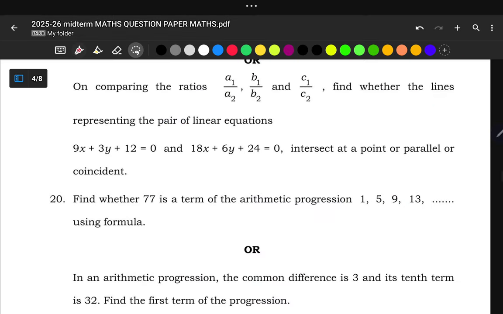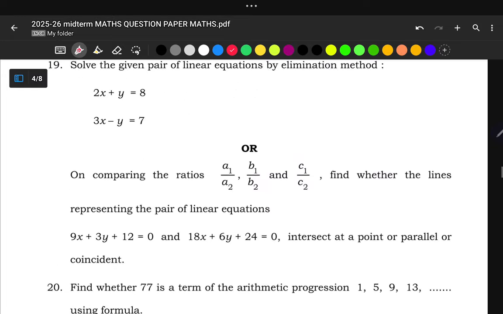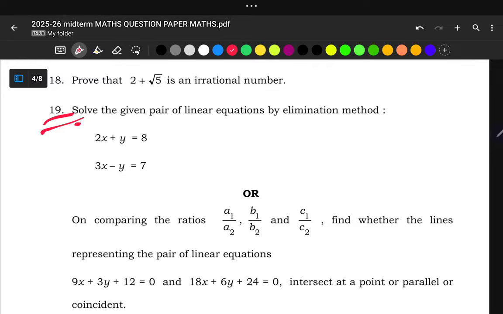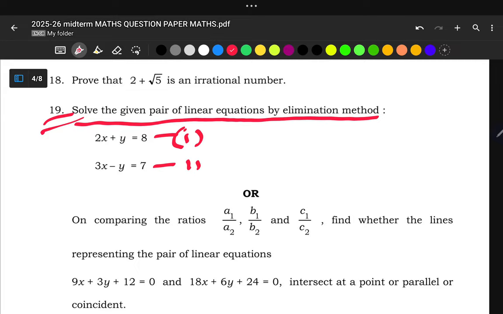Yes. Look at here in question number 19. So this is from linear equations. See, solve the given pair of linear equations by the elimination method. Elimination means you have to eliminate either x or y. By knowing equation 1 and equation 2, here it is plus y, here it is minus y.